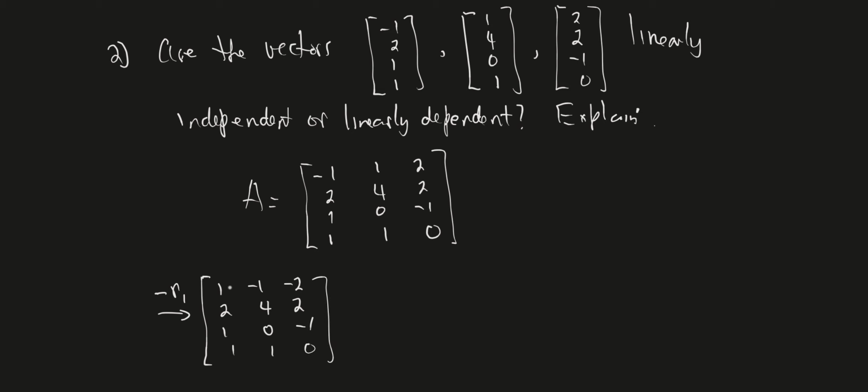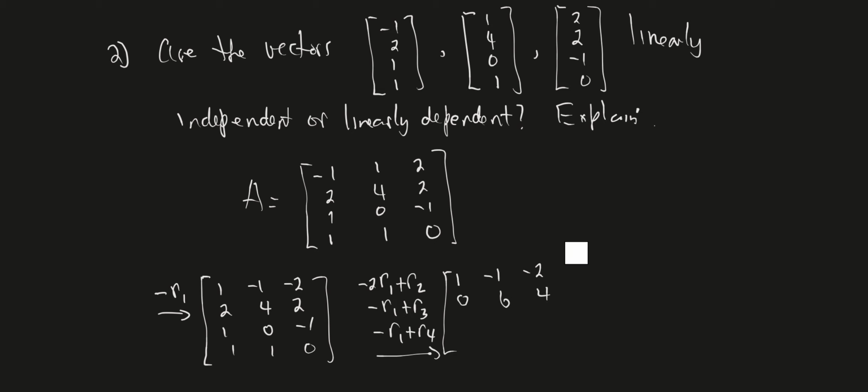And then I can use this as my pivot, and for sure I can eliminate the 2, the 1, and the 1. So if I do -2 times row 1 added to row 2, and then negative row 1 added to row 3, and then negative row 1 added to row 4, right? I know the first row will stay the same. Second row becomes 0, and then 6, and then 4.